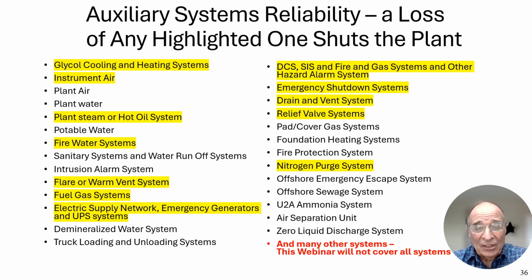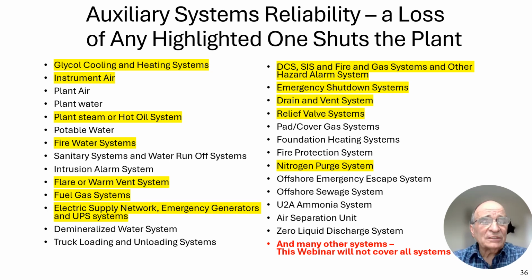For instance, the ammonia system is for emissions requirements, and you may end up having to be in violation of emissions for a short period of time, but the plant can still operate. Your offshore sewage system, you may have to bring out porta potties, but the ability to operate your plant is not necessarily shut down. But there are certain systems that you must have.